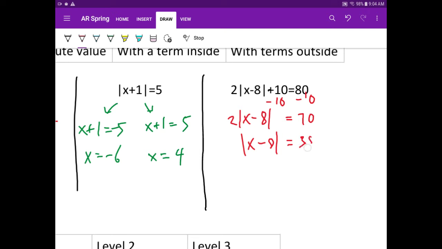equals 35. So from here, now I can split it up. So that's x minus 8 equals negative 35, and x minus 8 equals positive 35. So that's going to be x equals, okay, negative 35 plus 8 is negative 27?